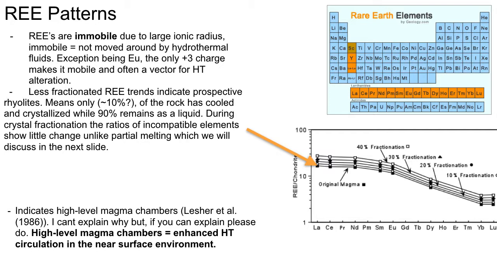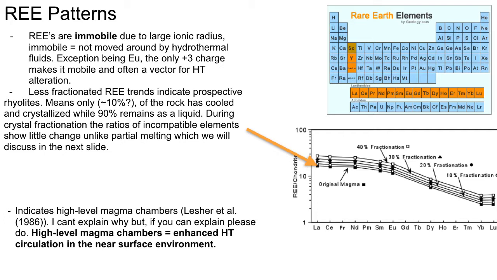For example, only 10% of the rock has cooled and crystallized, whereas 90% remains as a liquid. And during crystal fractionation, the ratios of rare earth elements tend to remain relatively constant, unlike partial melting, which we'll discuss later. And this diagram on the right shows the variation in rare earth element trends depending on how fractionated the magma is.